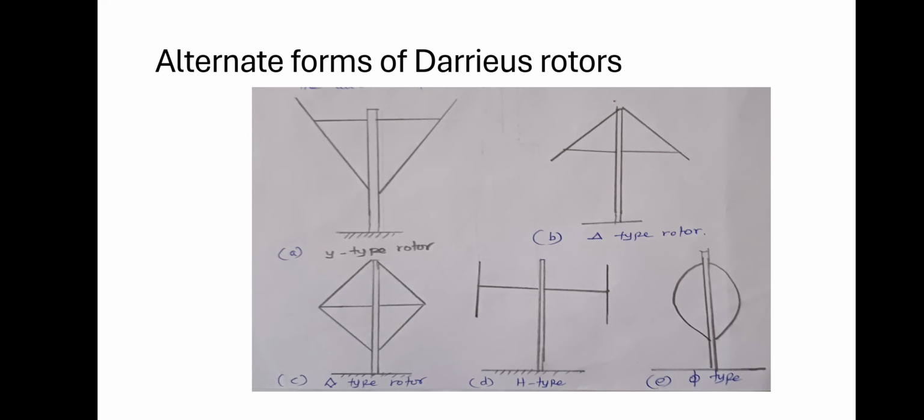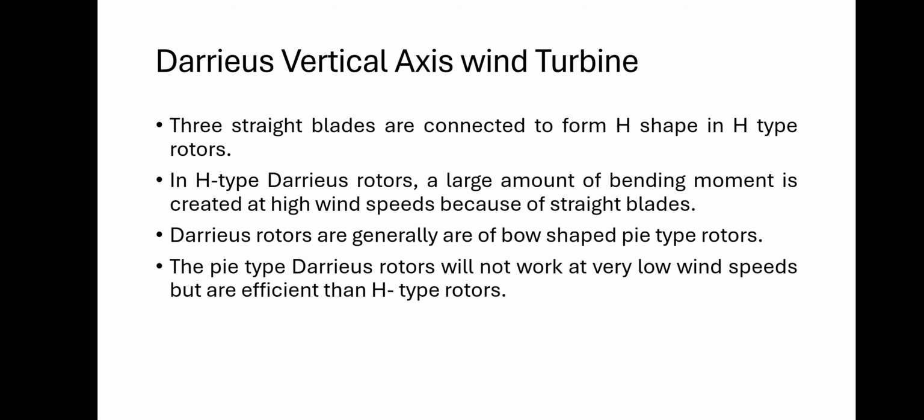Alternate forms of Darrieus rotors: Y type rotors, where the rotors are in the form of a Y shape, pi type rotors, where the rotors are in the form of a pi shape, the delta type rotor, and the H type rotor. These various forms of rotor are also very important.